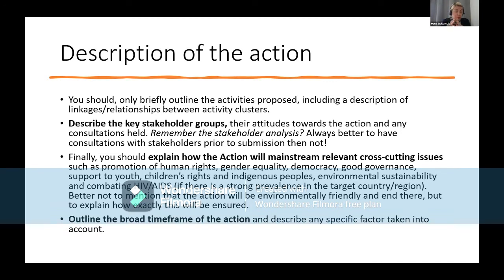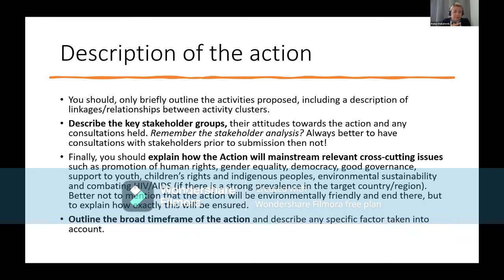And then you should explain how your action will mainstream relevant cross-cutting issues, which are the promotion of human rights, gender equality, democracy, good governance, support to youth, children's rights and endangered people, environmental sustainability, and combating AIDS.